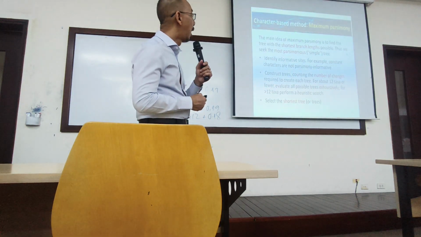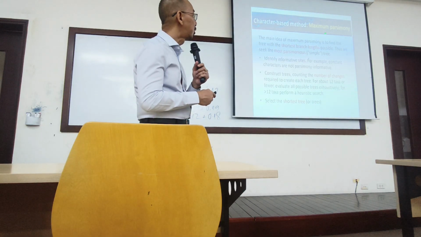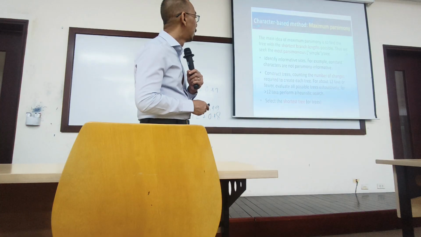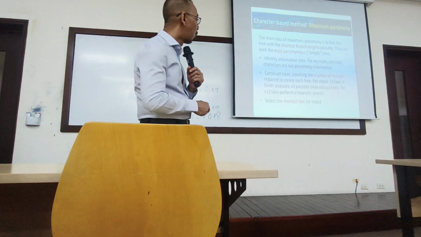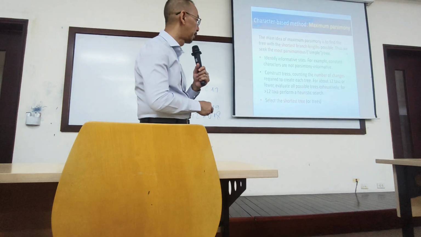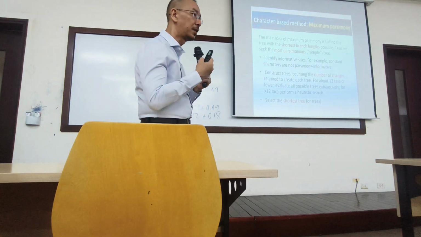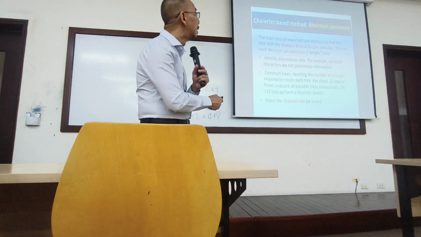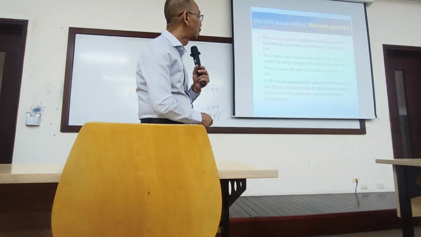Now, character-based methods. One method we call maximum parsimony. It also selects the shortest tree, which means the branch length is also minimum. Okay, that's maximum parsimony. How to do it?